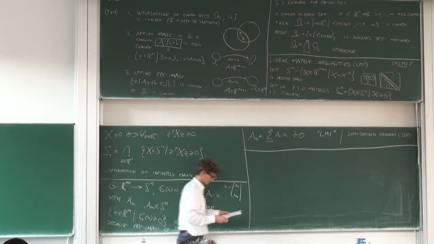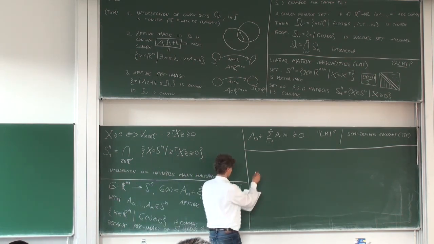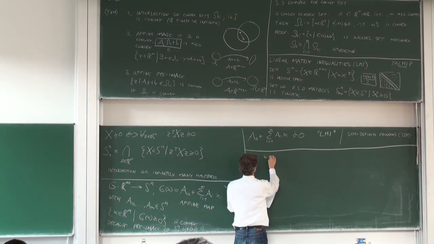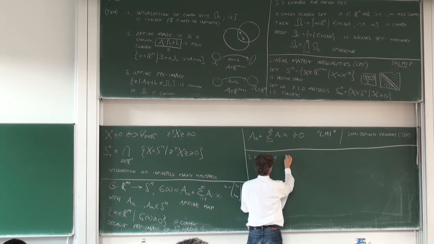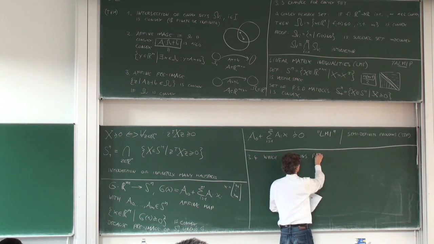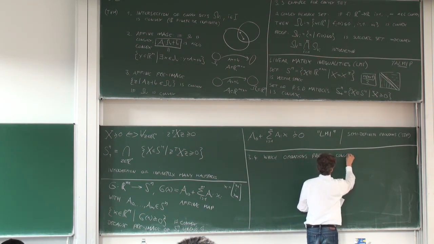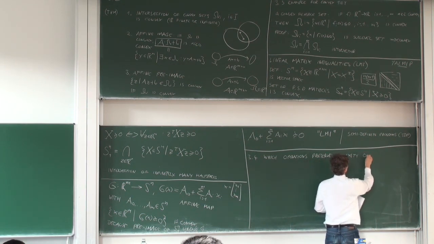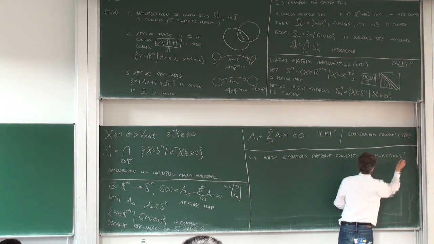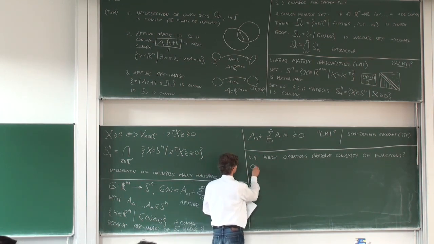I will add some things, because otherwise we forget them. So which operations preserve convexity of functions? The first one I want to already state, because it's something I forgot.